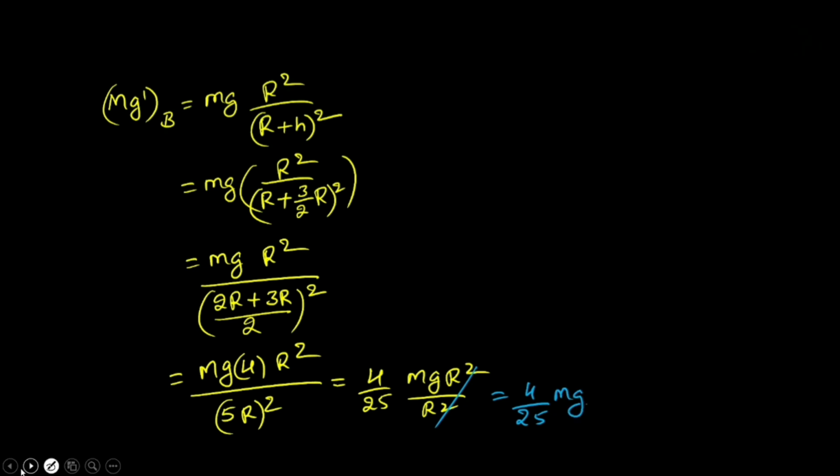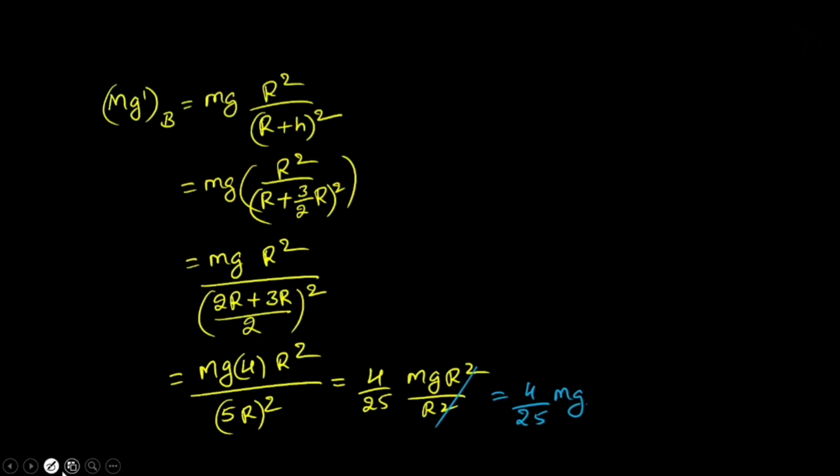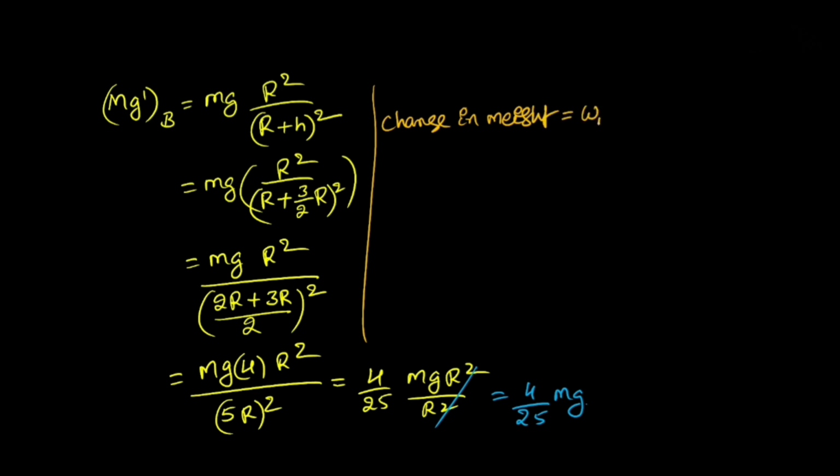Now, you are asked to decide the change in weight. Change in weight is equal to weight at B minus weight at A. That is mg dash at B minus mg dash at A. mg dash at B is 4 by 25 mg minus mg by 9.